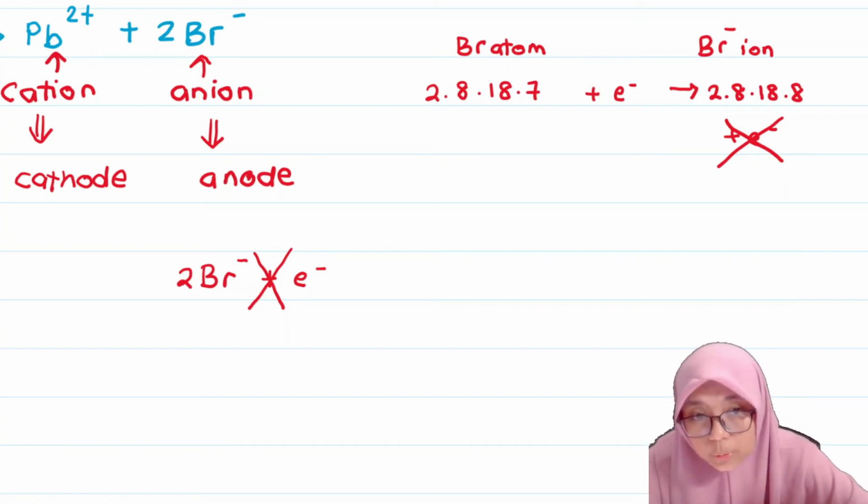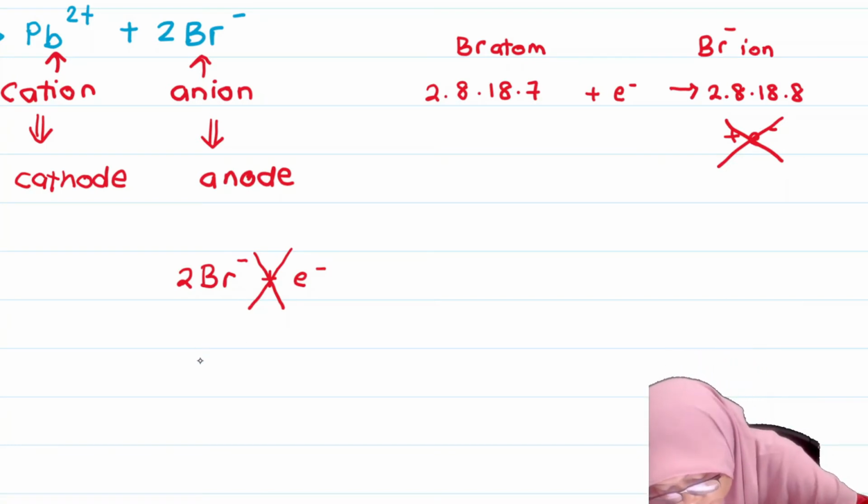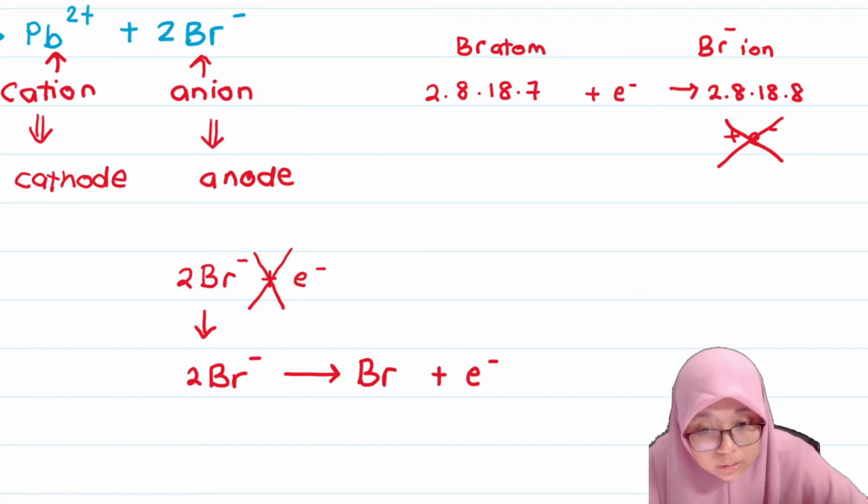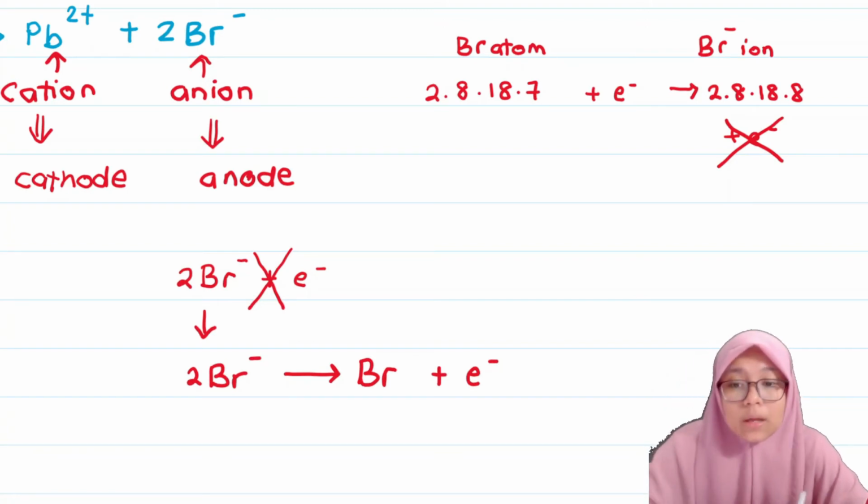The bromide ion can only release the electron that was accepted by the atom before, before the formation of the lead bromide. So we can write the half equation for the oxidation reaction where the bromide ion will release electron to form bromine, but bromine cannot exist as an atom.